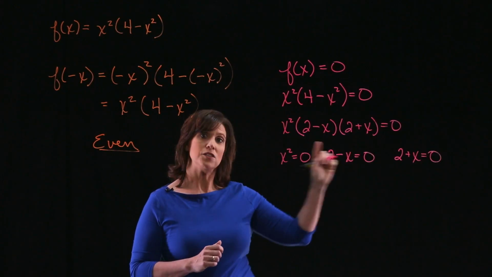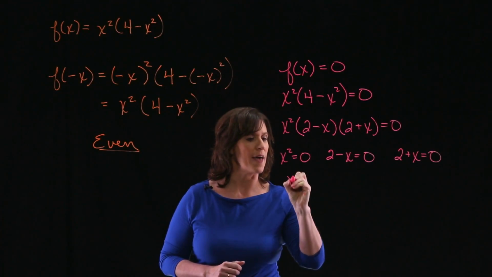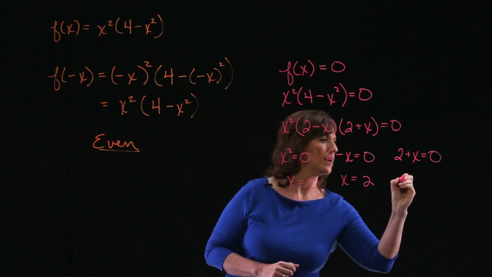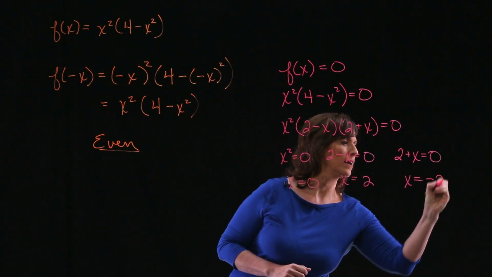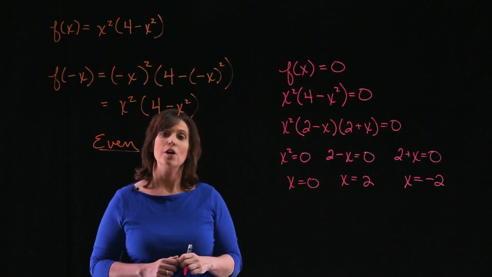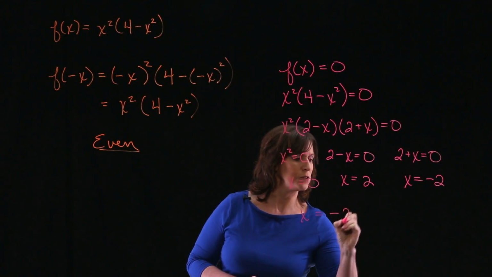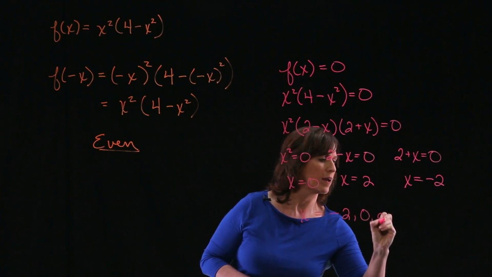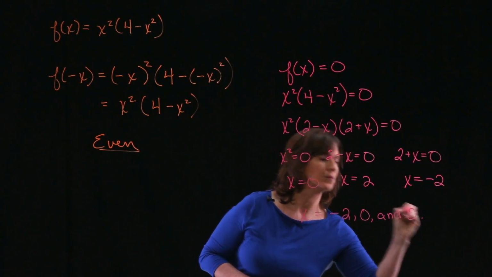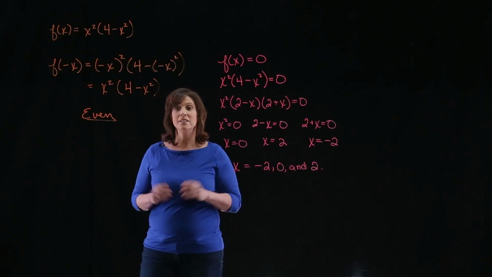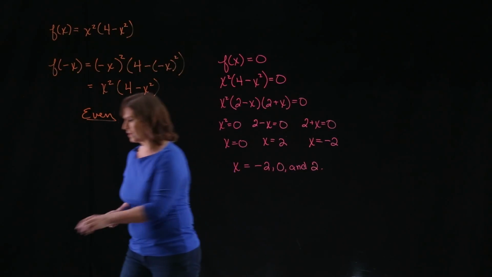Solving for x in each of these situations, I end up with x equals 0, x equals 2, and x equals negative 2. So the zeros of this function are negative 2, 0, and 2. Now let's go ahead and use a graphing utility to verify my results.